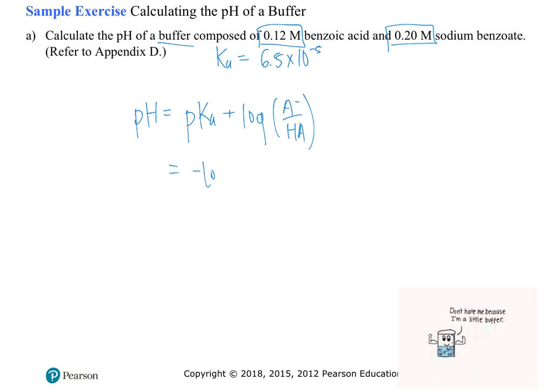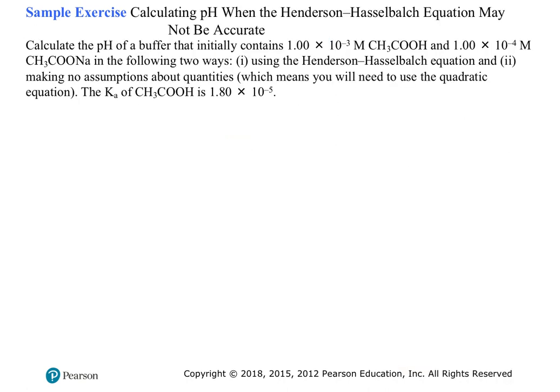So I get negative log of Ka, 6.5 times 10 to the negative 5, plus log of my base, benzoate, 0.2, over my acid, 0.12, and I get a value of 4.41 as my pH.